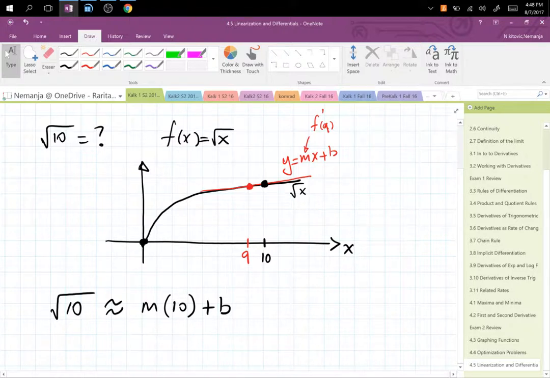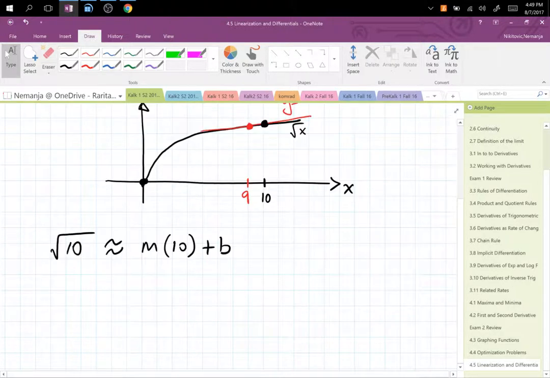If I am able to find the tangent line close to the position of the number that I actually want to calculate, I will be able to calculate roughly the value of that number, because the y values are nearly the same. The y value from the red line and the y value from the black line are almost the same. They're not the same, but it's close enough. So let's see how this looks.